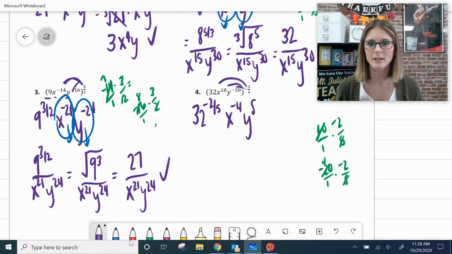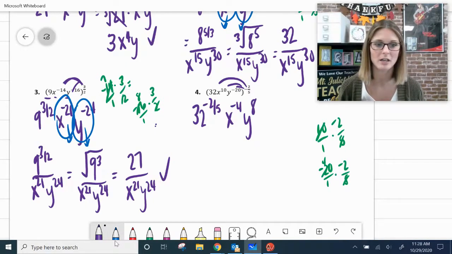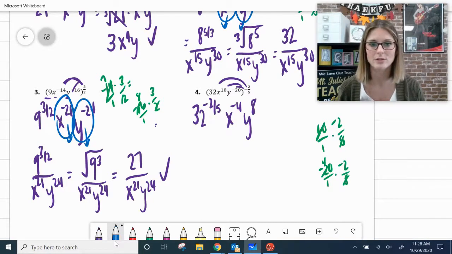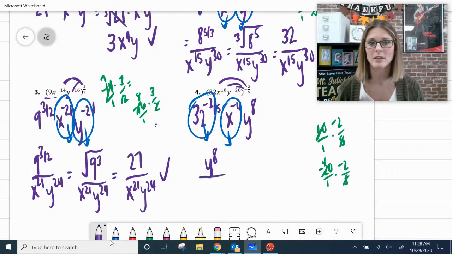So we have a negative times a negative made a positive. So that's no longer a negative exponent. It's not going to move down in the denominator. The only ones, well, we have 2 actually that are negative, move down. In the numerator, we still have y to the 8th. The 32 moved down and became a positive 2/5 exponent. And x is now positive 4.